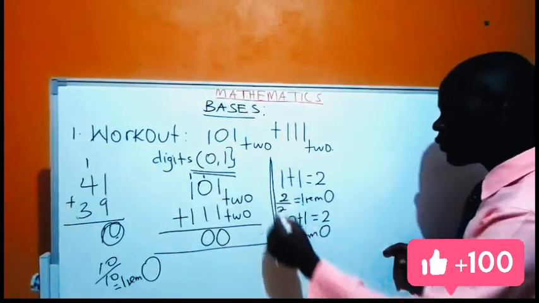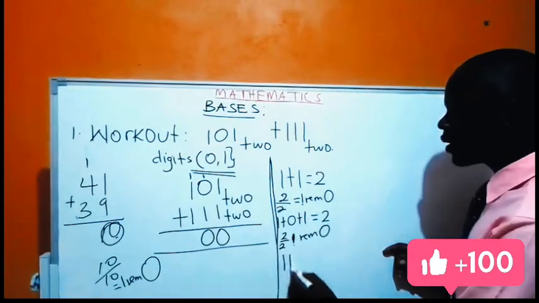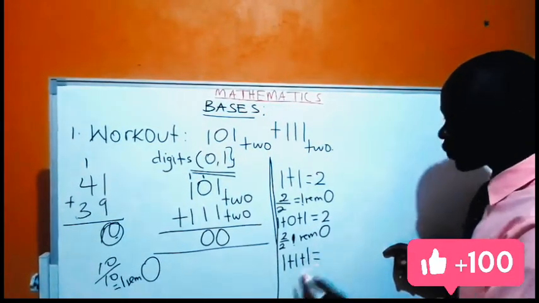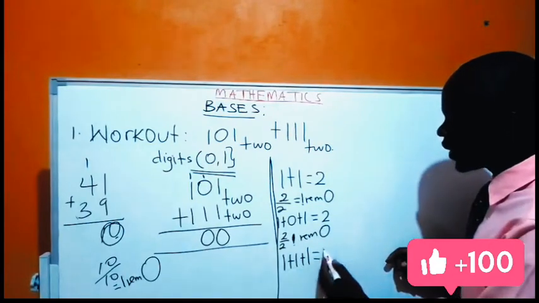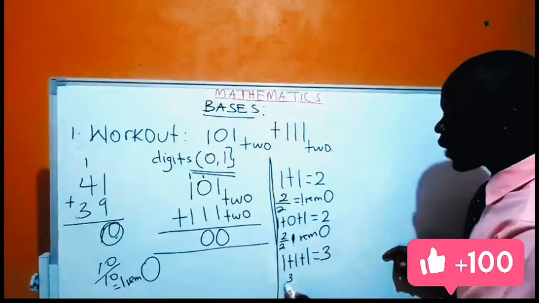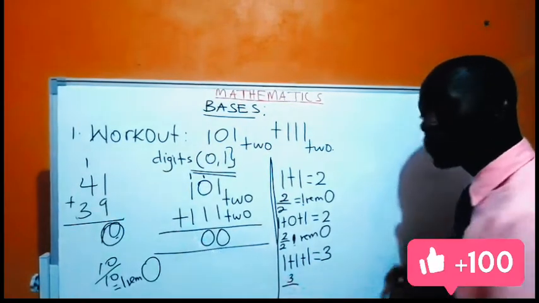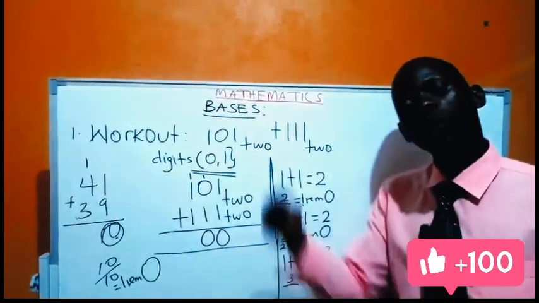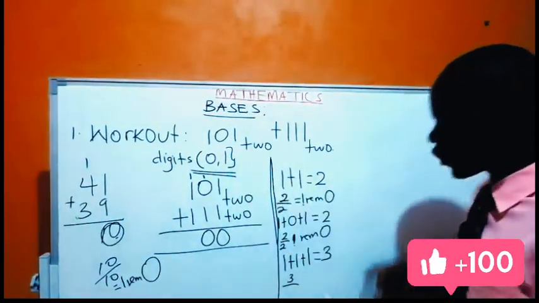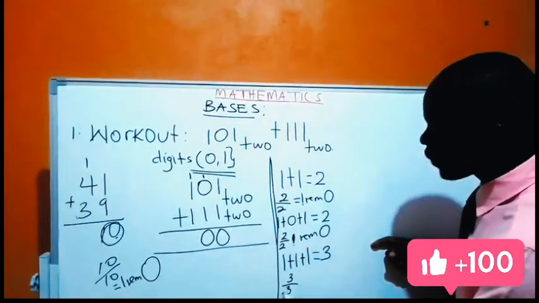Now in the next place value, you have 1 plus 1 plus 1 equals how many? 1 plus 1 plus 1 is 3. So what is 3? You cannot write 3 here. 3 is bigger than 2. It's not possible to be written under base 2. So you will divide 3 by 3.